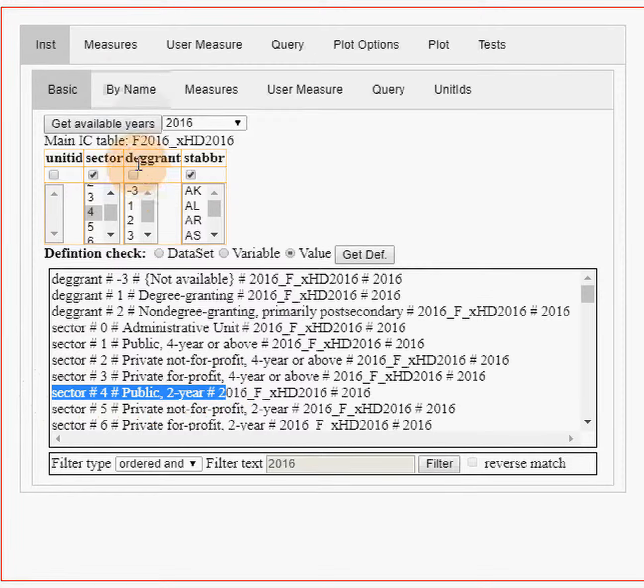I also removed the degree granting checkbox, because most public institutions are degree granting, so there's really no need to select that variable in our data. And now let's go to the majors tab.